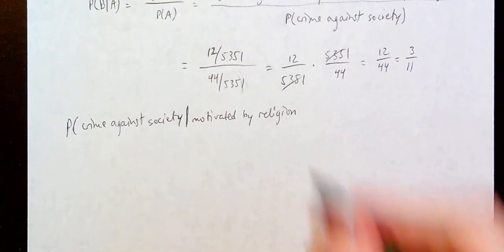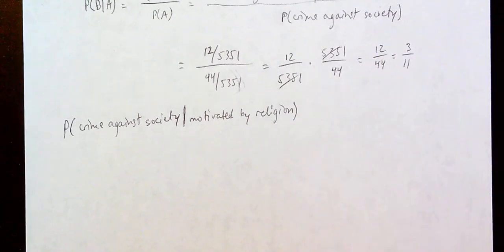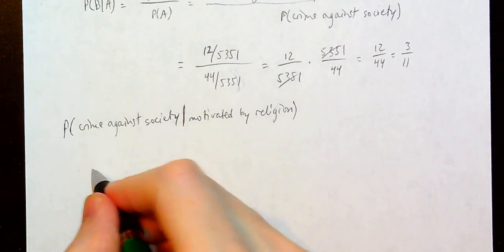Let's see how just changing the order in which we list these things changes the probability.